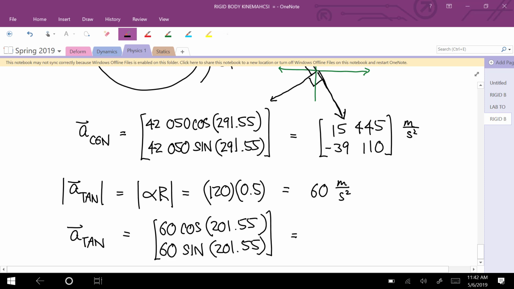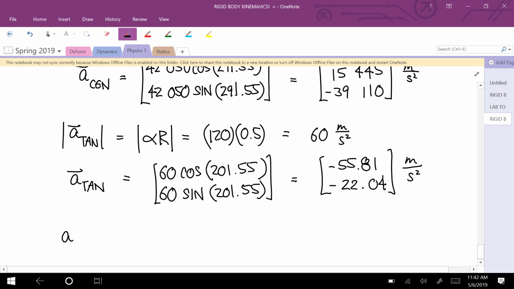And what do you get for those two components? Okay. And then just add those two together for the total acceleration. So the acceleration of that point A is just the sum of those, centripetal acceleration plus tangential acceleration.